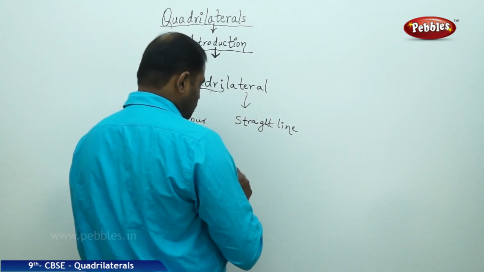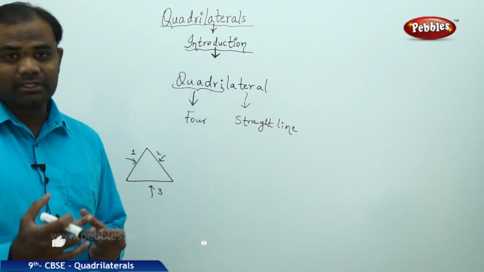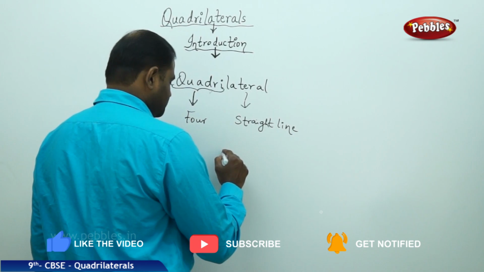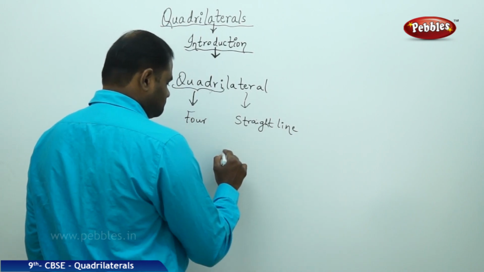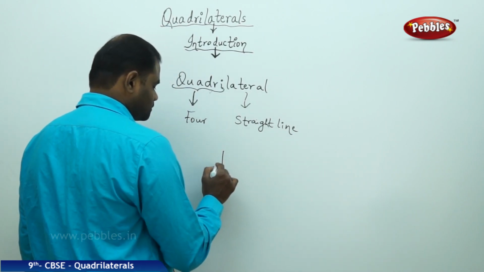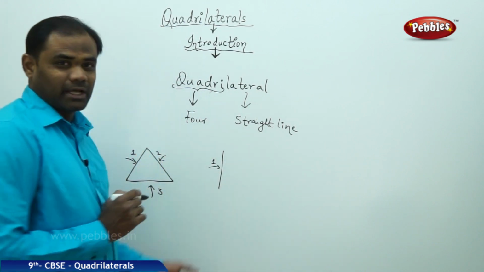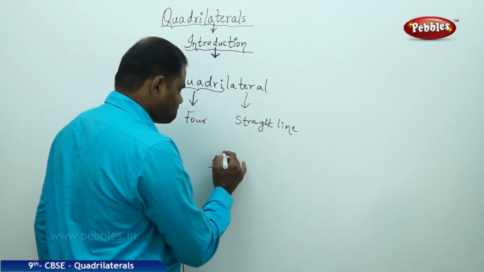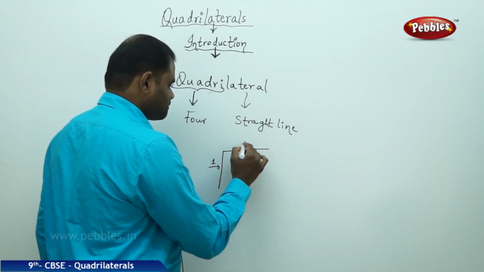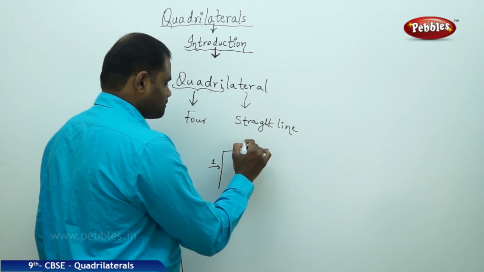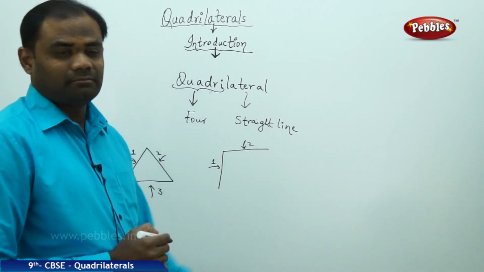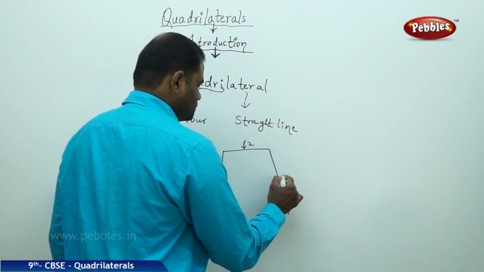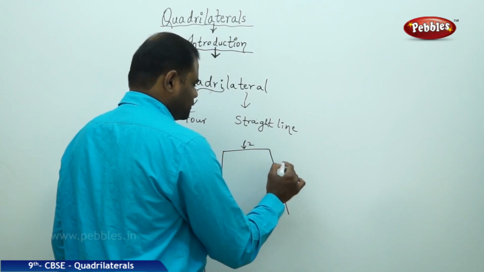Imagine I take four lines which join together to form a closed region. For example, I have line 1. This is the first line, and I take the other line and join it here. And I take the third line and join it somewhere here. This is line 3.